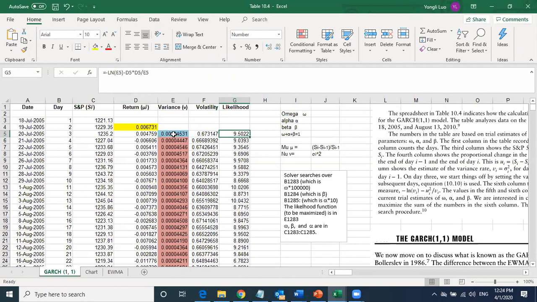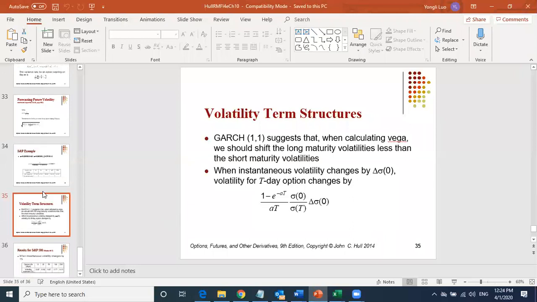We have the return squared, the previous return squared, divided by the variance. We do that based on the PowerPoint slides we have.